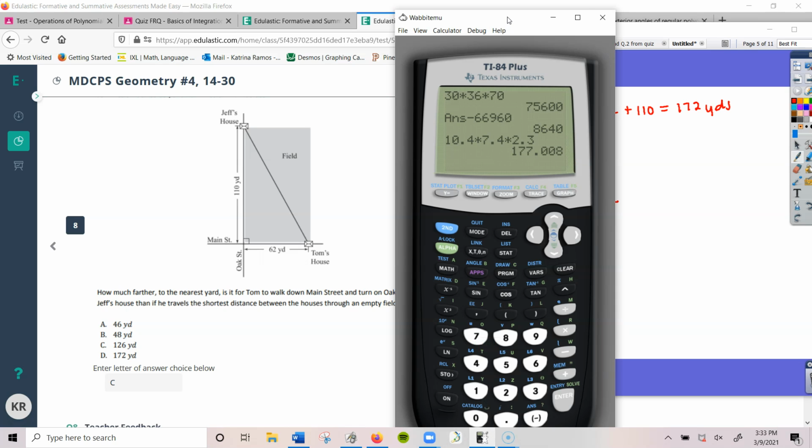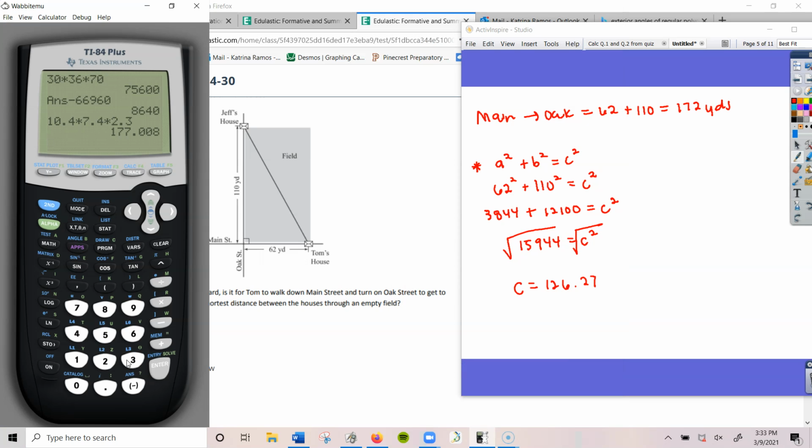So we have 62 squared, which is 3,844, and then 110 squared, which is that. We add that together. And, oh, I know what I did wrong.